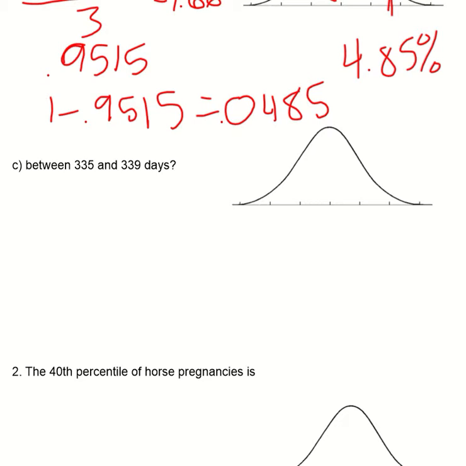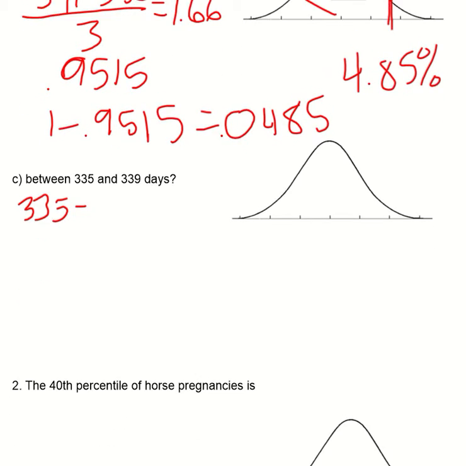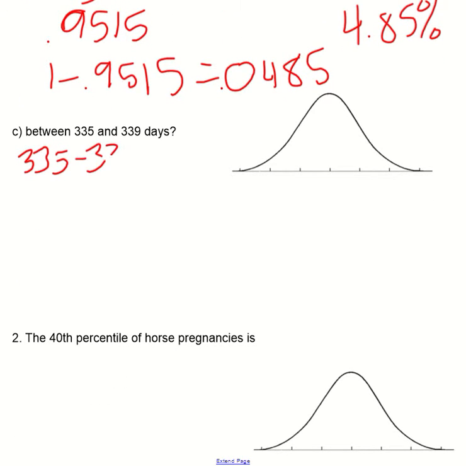Now they want to know how about horse pregnancies that are between 335 and 339 days. And when we did this last time, remember we had to do this for each one. We had to find the probability and we subtract them. So we have to set up our equation for each one. We go 335 minus, well, our mean was 336. Divide that by 3. We needed to do the same thing with 339.